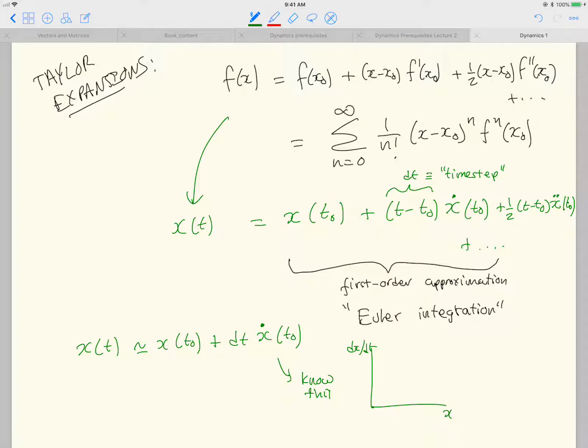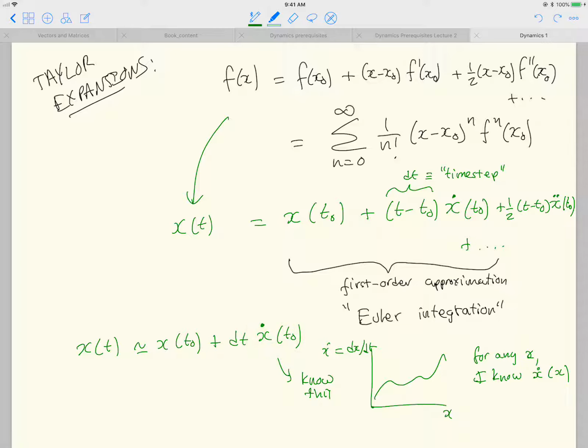That means that for any value of x, I can tell you what x dot is for that value of x. So we know this term. We know this one right here.